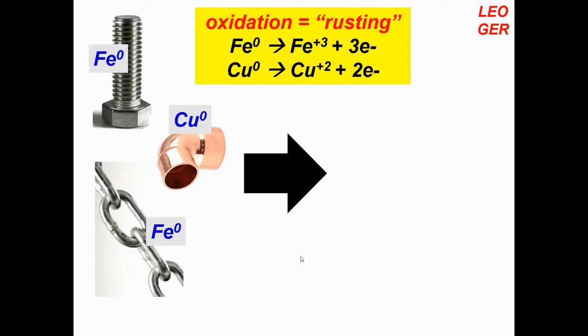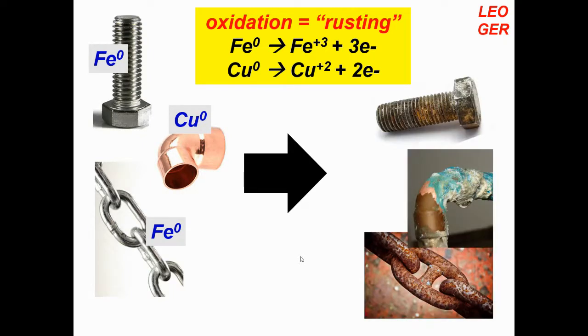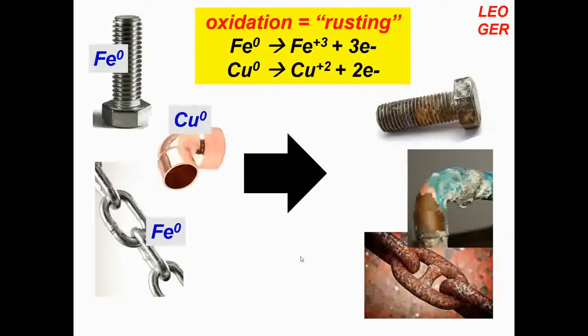Okay, you may not realize this, but rusting is oxidation. You may have heard the term oxidation to refer to rusting, sometimes in TV commercials or things like that. Anyway, if you have a nice shiny piece of iron or copper, eventually it's going to look like this when it rusts.